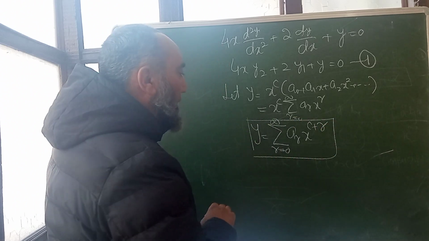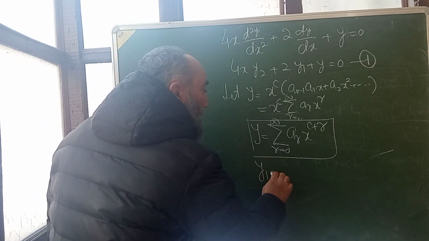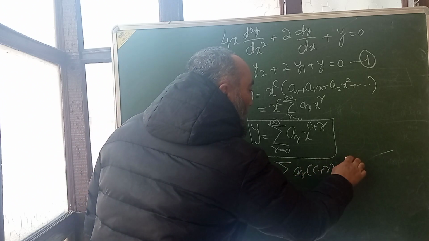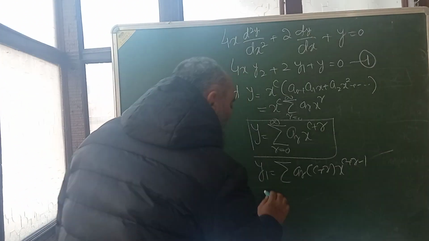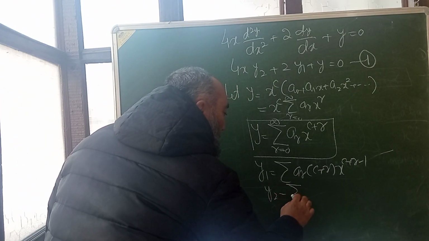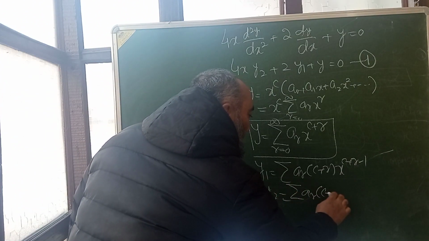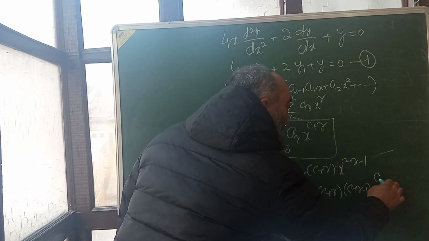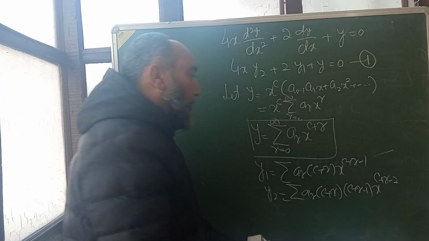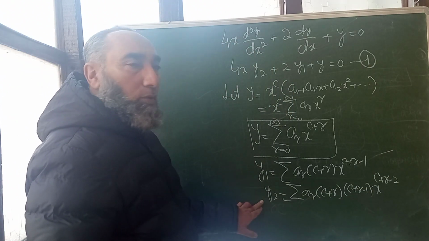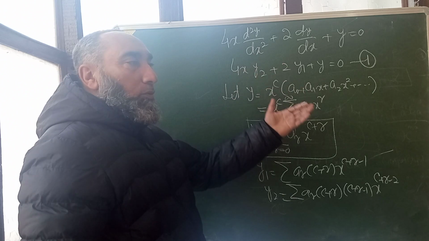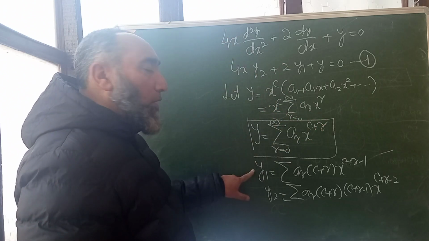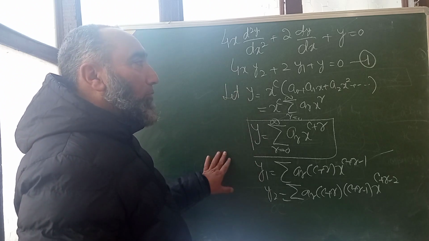Then y1 is summation ar c plus r x raised power c plus r minus 1, and y2 is summation ar c plus r c plus r minus 1 x raised power c plus r minus 2. This is y, this is y1, this is y2. In future examples I will be writing that y is this, y1 is this, y2 is this. I don't have to write anything else.